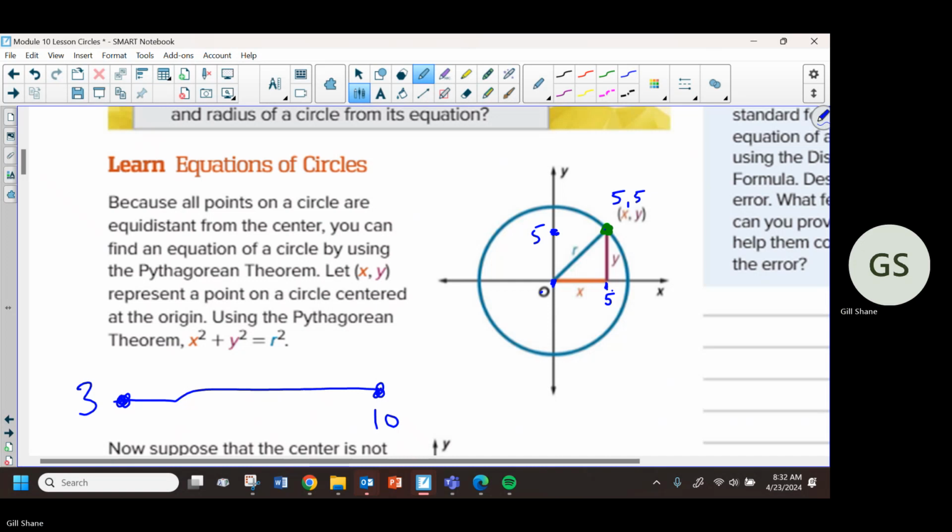If the circle is at the center, then this is the equation of a circle. We're basically figuring out the value of the hypotenuse. We're doing a squared plus b squared is c squared, so we're just solving for whichever piece we need to solve for.